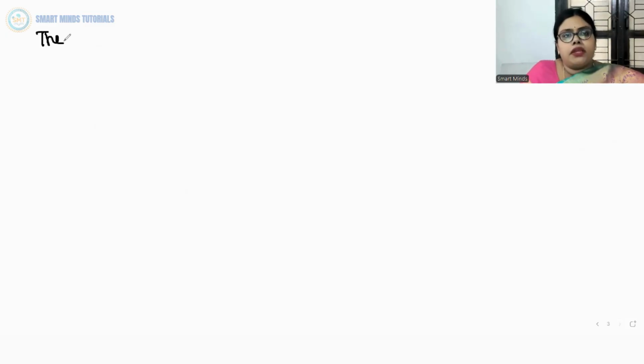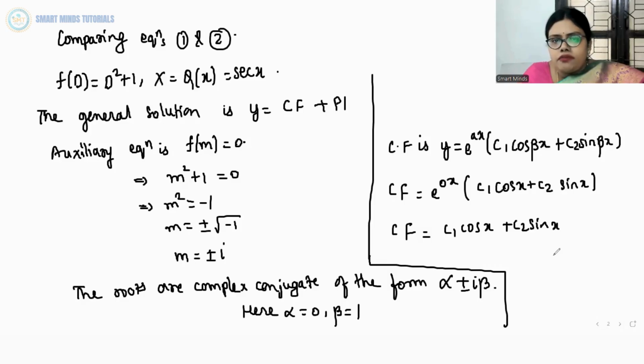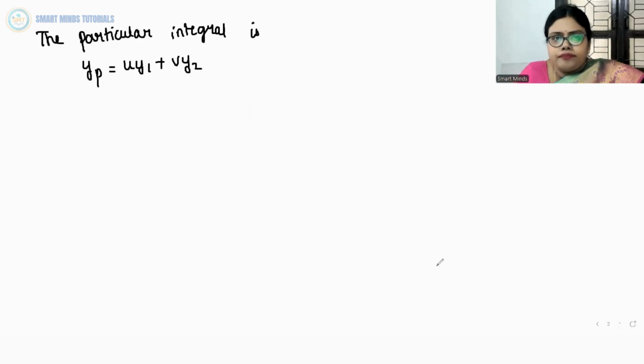Now we will find the particular integral. So here in variation of parameters, the particular integral is found by this formula: Yp is equal to u y1 plus v y2. Now the complementary function we will take as equation number 4, the differential equation as equation number 3, and this particular integral as equation number 5.